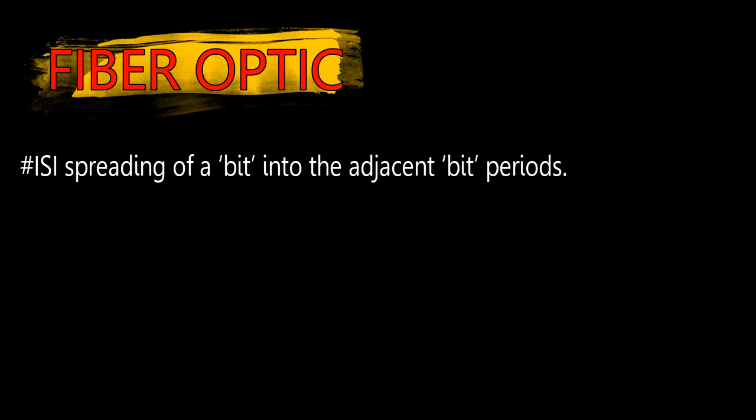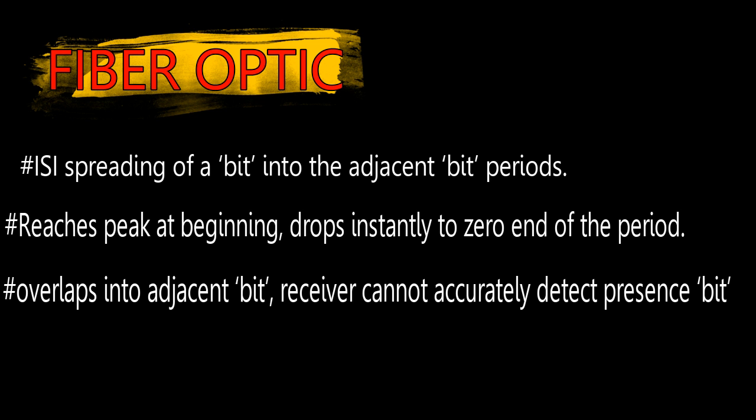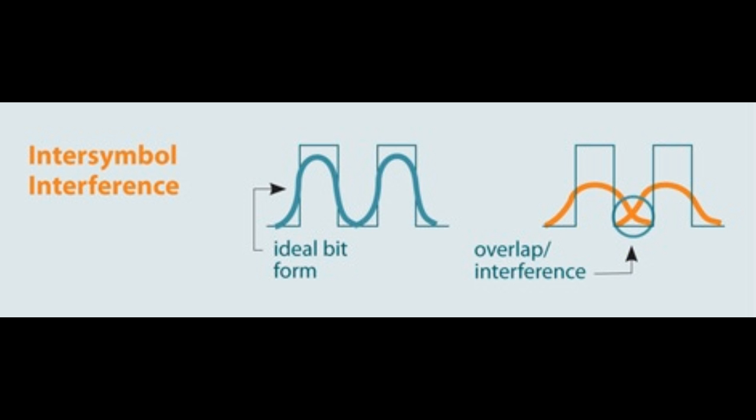Ideally, a bit would consist of a square wave that instantly reaches peak output at the beginning of a bit period and drops instantly to 0 at the end of the period. But the pulse is dispersed or spread out so that it overlaps into the adjacent bit period. If this overlap is bad enough, the receiver cannot accurately detect the presence or absence of a bit. This dispersion increases as the link distance increases.